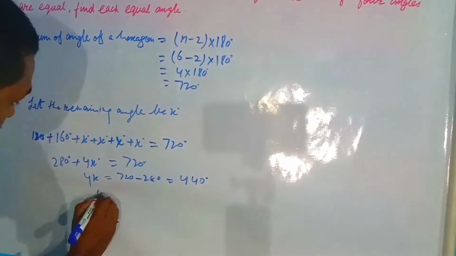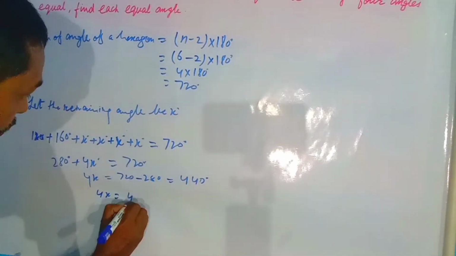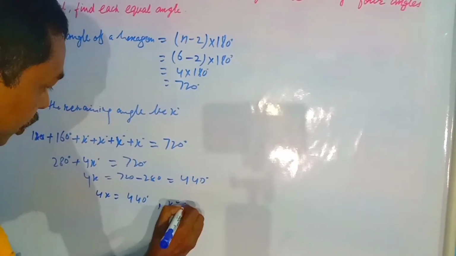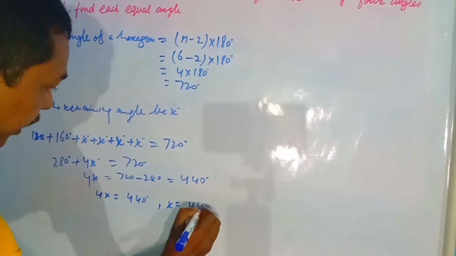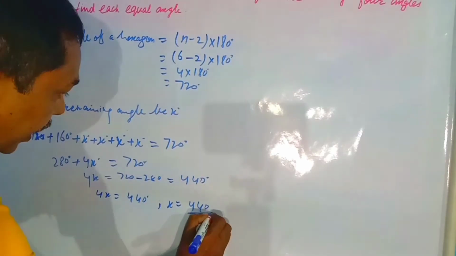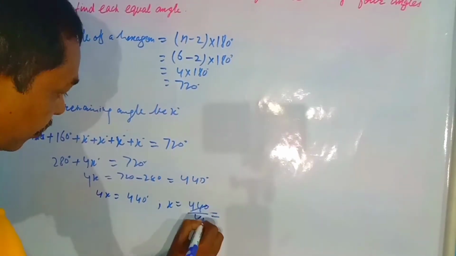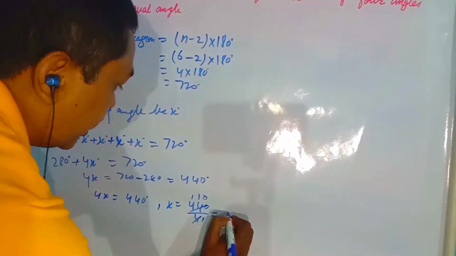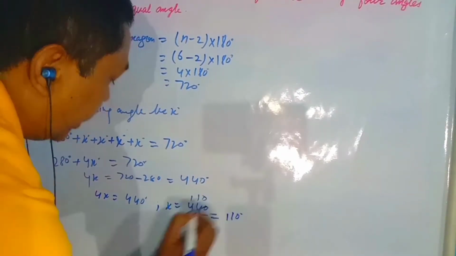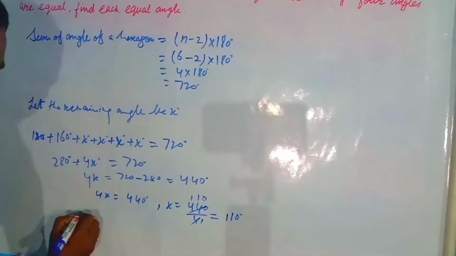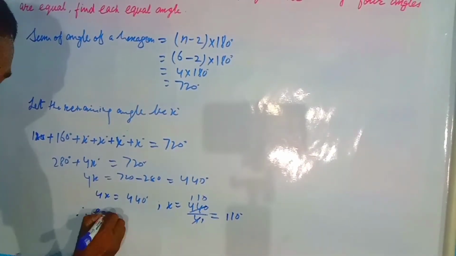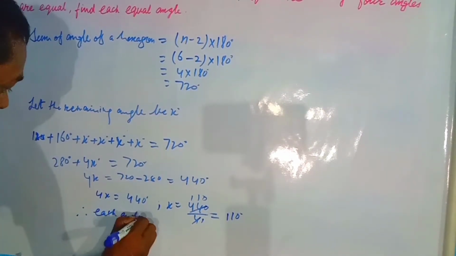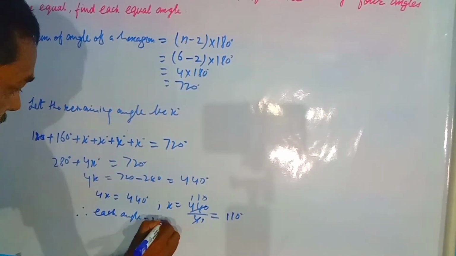Now we have 4x equals 440 degrees, then x equals 440 by 4, and 4 ones are 4, 4 ones are 4, 4 zeros are 0, which means x equals 110 degrees. That is each angle. Therefore each angle is equal to 110 degrees.